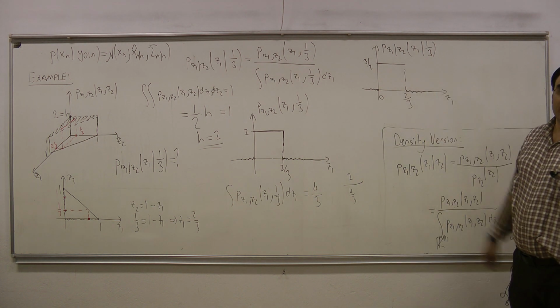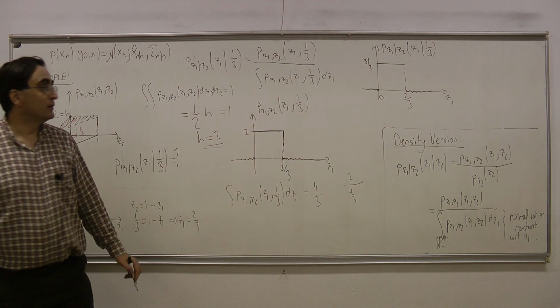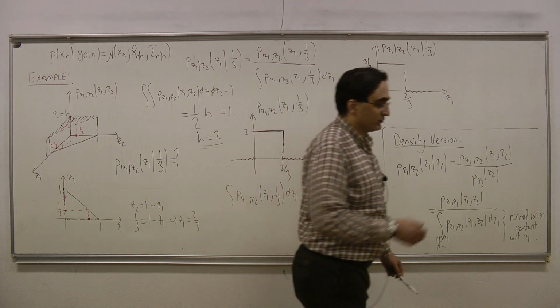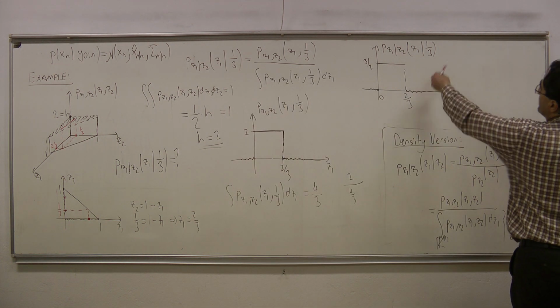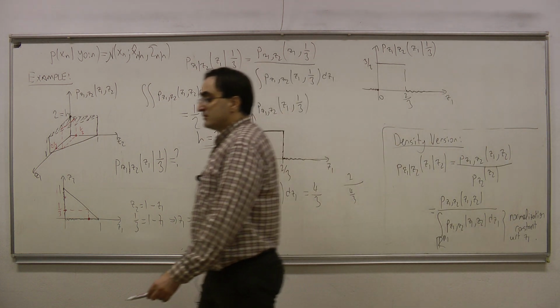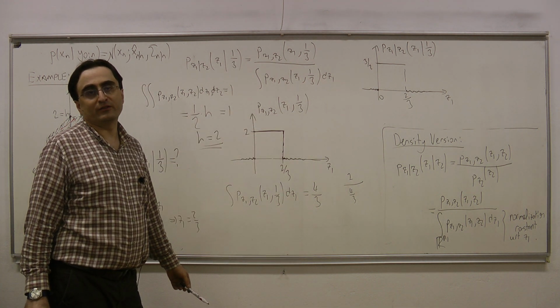Now the integral of this conditional density is 3 over 2 times 2 over 3, which is equal to 1. So you see that this is a proper density function of Z1 when Z2 is given to us.